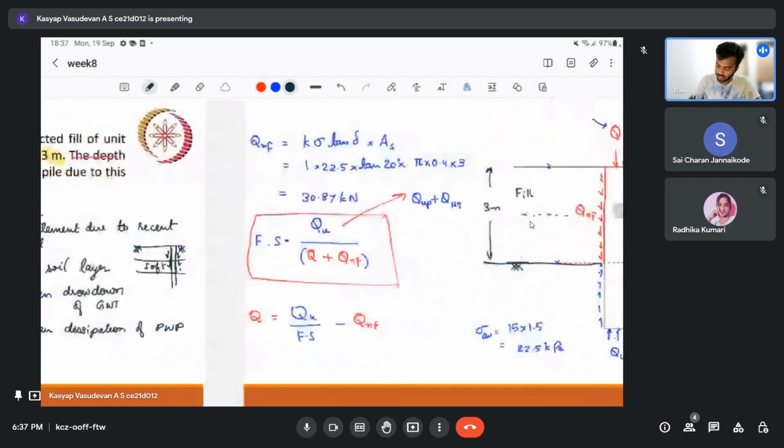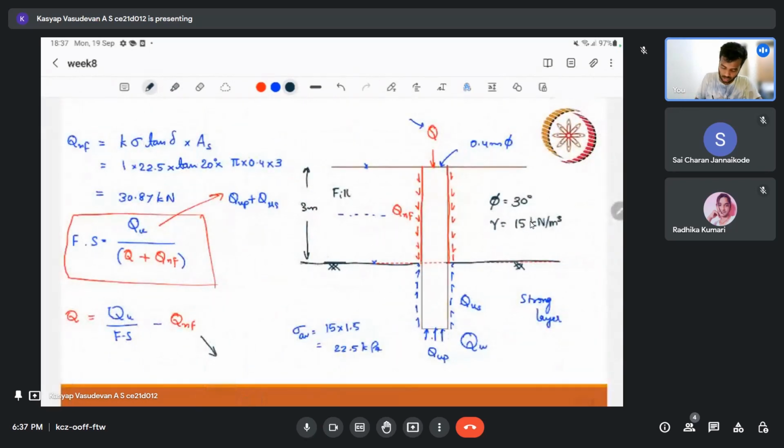So in this particular layer we can give bitumen, so that this particular Qnf term is reduced, because our delta will reduce. If I'm applying bitumen, our delta will reduce and the negative skin friction reduces. So that is the idea.